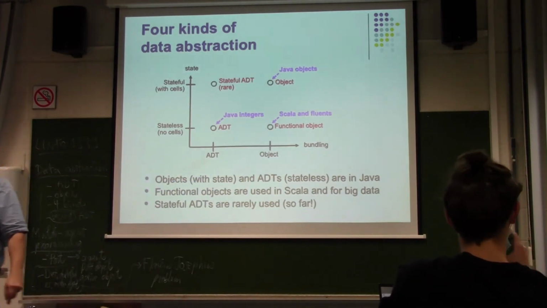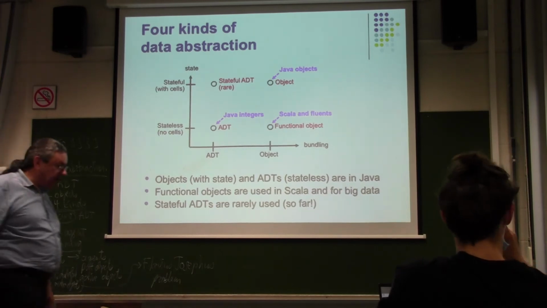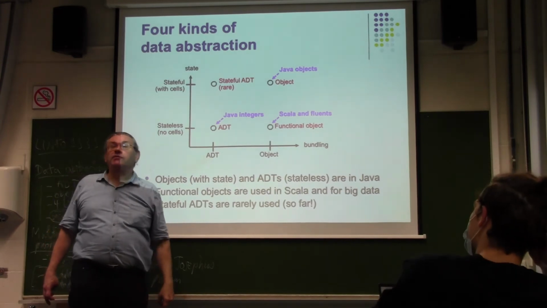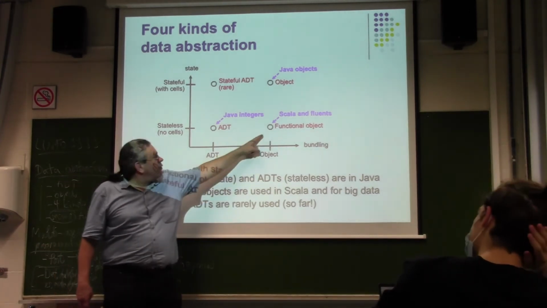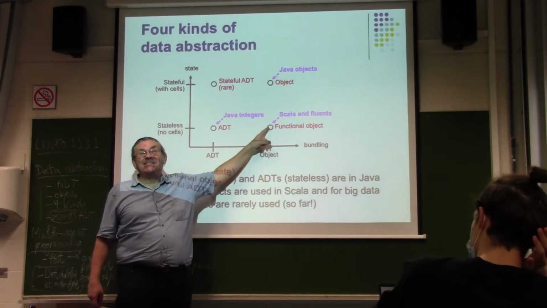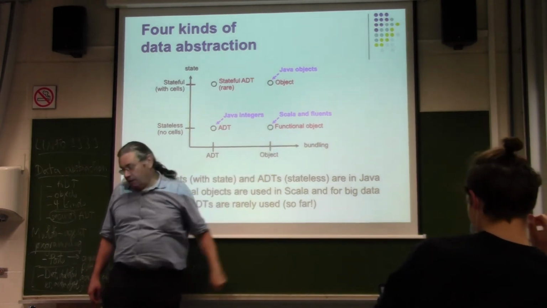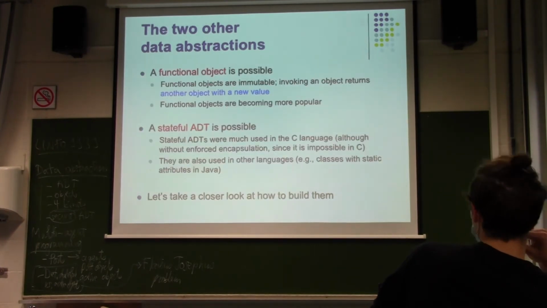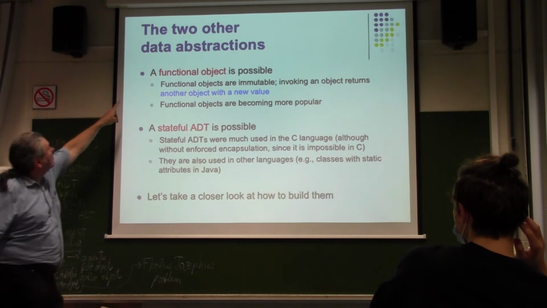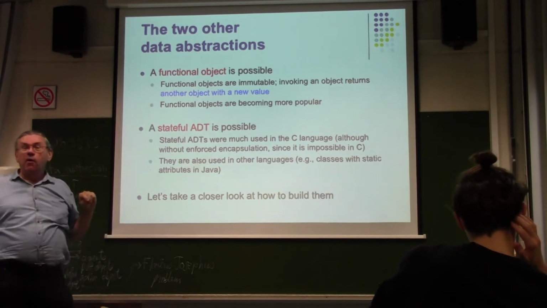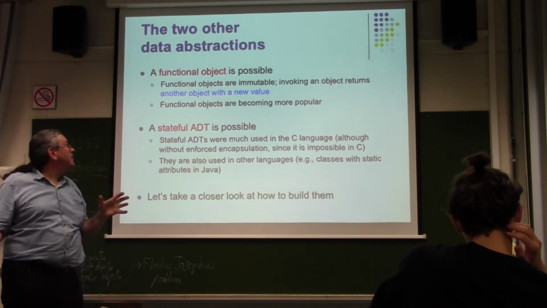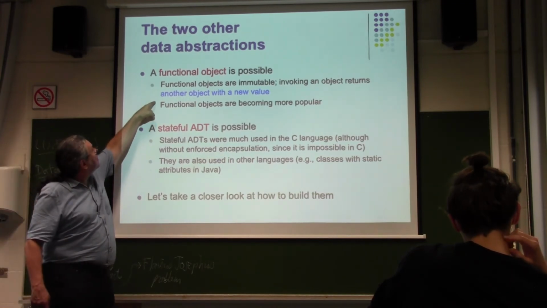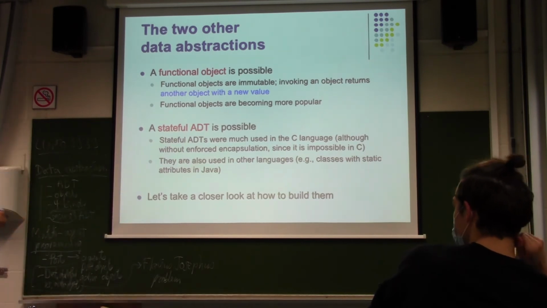If you take the cloud computing course, even though they're not talking about it so much, these platforms are starting to use this inside them. Things like Apache Flink and so on. Okay? So functional objects are like objects, but they're pure functional. There's no cell inside. There's also the stateful abstract data type, but let me just focus on the functional object, okay?